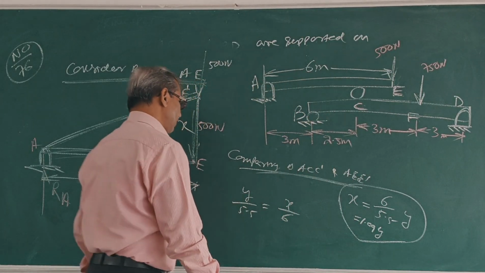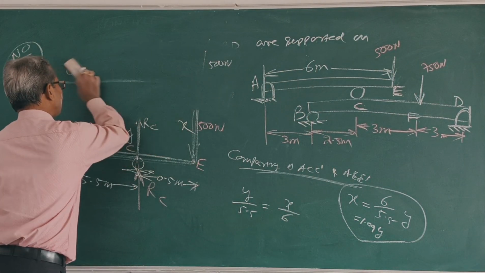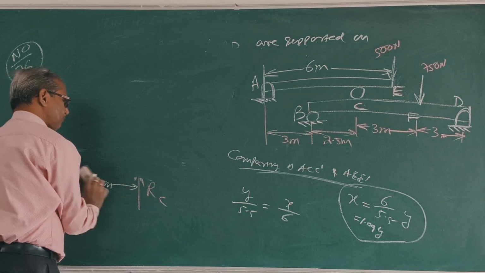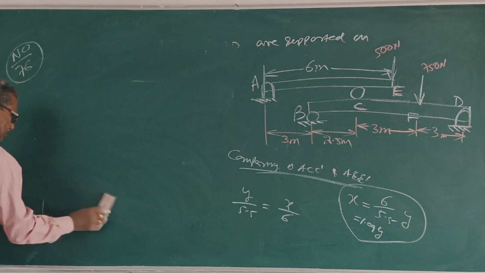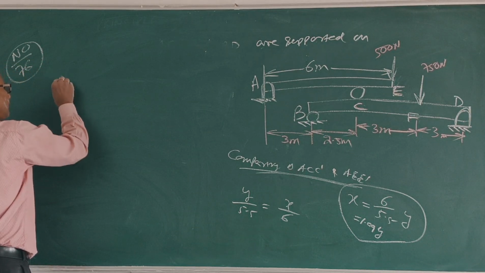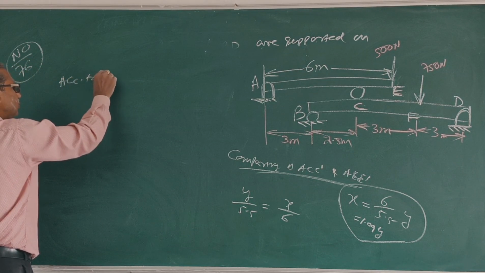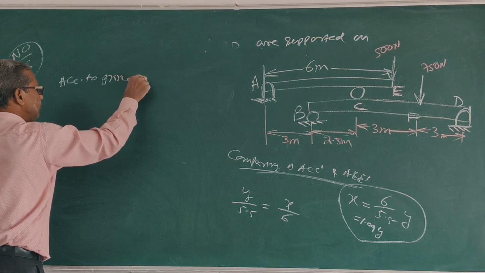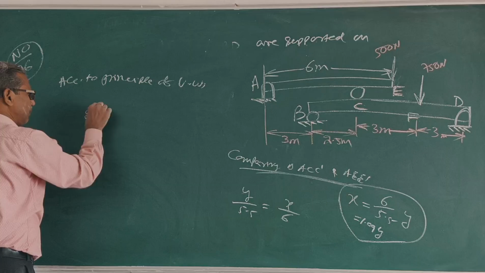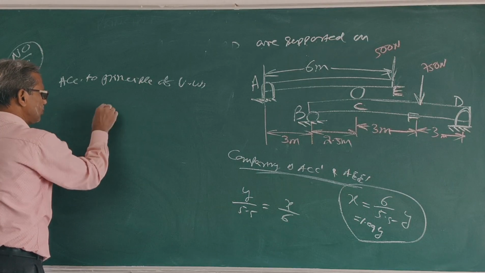Now apply the principle of virtual work. According to the principle of virtual work, sigma delta W is equal to 0. Clear?